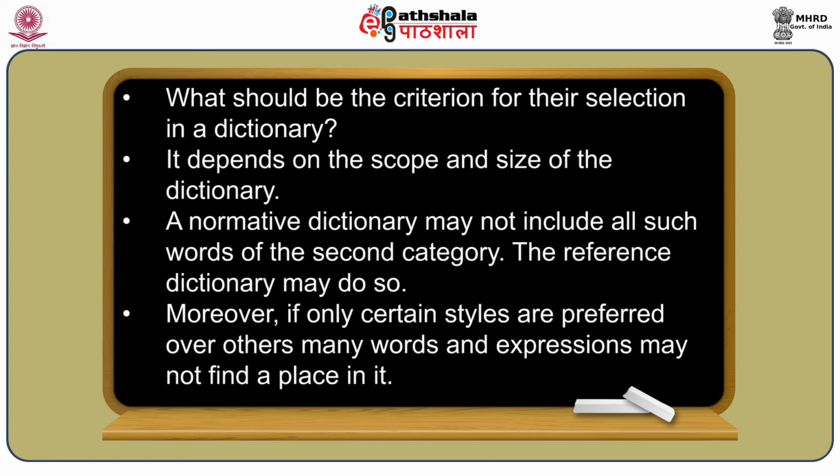It depends on the scope and size of the dictionary. The normative dictionary may not include all such words of the second category. The reference dictionary may do so. Moreover, if only certain styles are preferred over others, many words and expressions may not find a place in it.